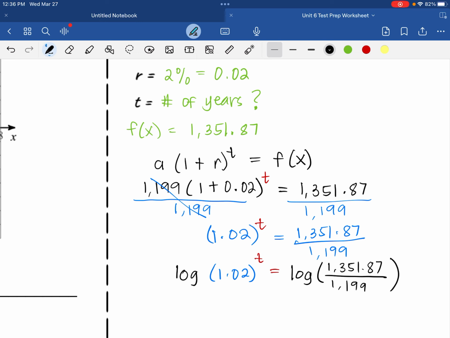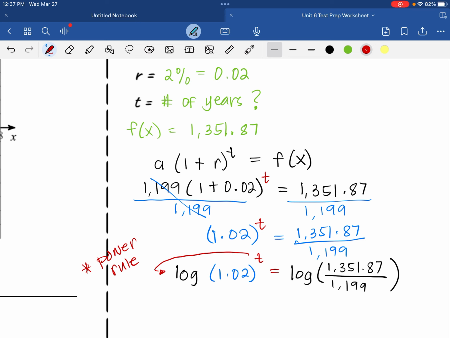Okay, now that we have changed our equation into log form, we are going to apply the power rule. So remember the power rule, that's 6.2. That is changing or making the exponent, we move it before the word log.